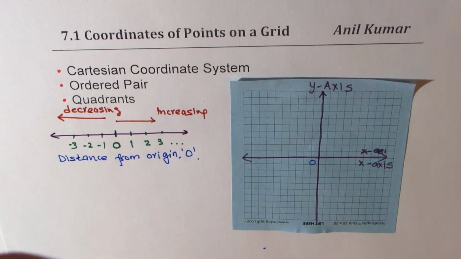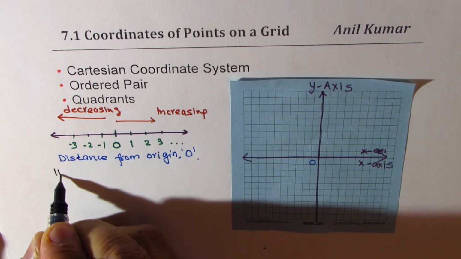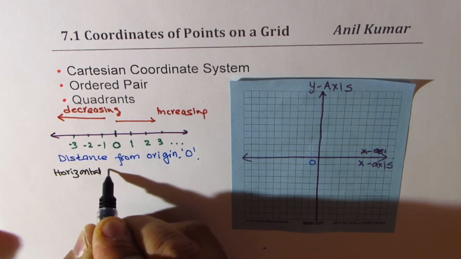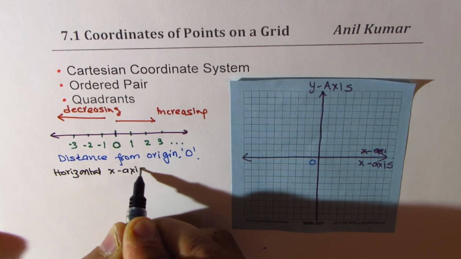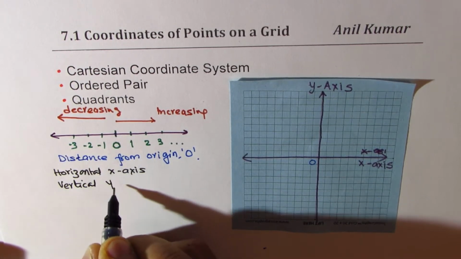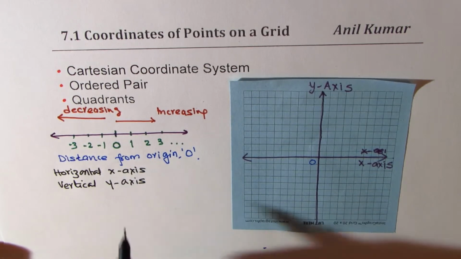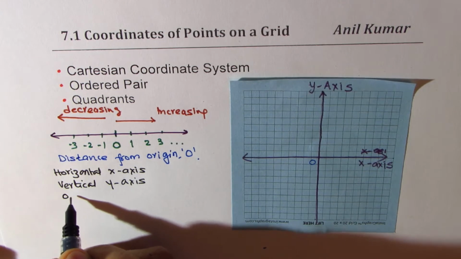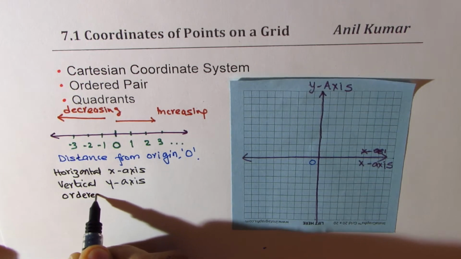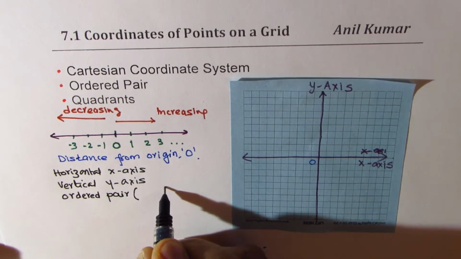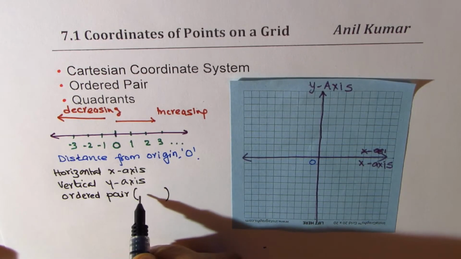So what we have here is a couple of things: the horizontal x-axis, the vertical y-axis, and then any point on this plane is given with the help of an ordered pair, which is written in these brackets where the x value is written first.